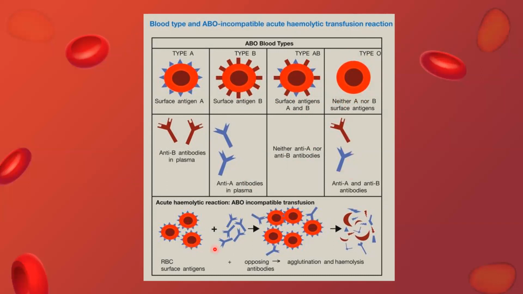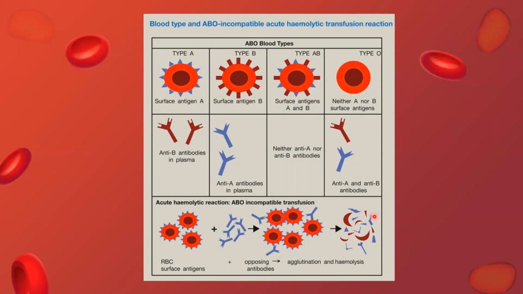Again, once there are RBC surface antigens and with the opposing antibodies, and when they attach to one another, okay, this one, the triangle, locks with the specific antibody with the antigen, then there would be agglutination and hemolysis, which we do not want for a patient to receive.